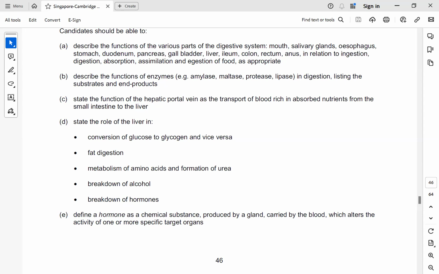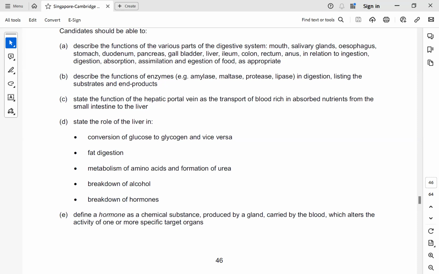So large lumps of fats will be emulsified by bile into smaller fat droplets. So this is physical digestion of the fats.